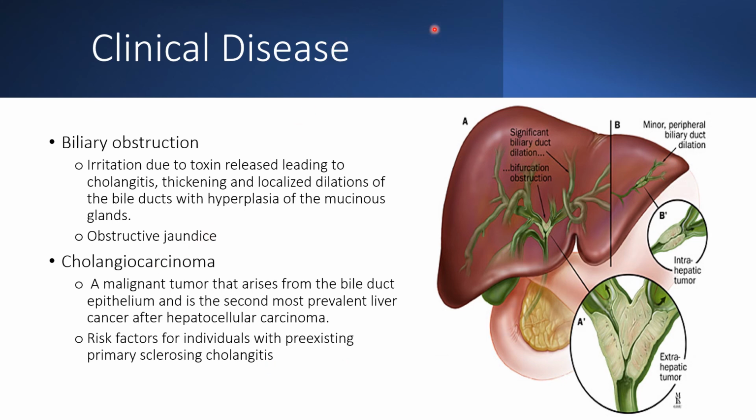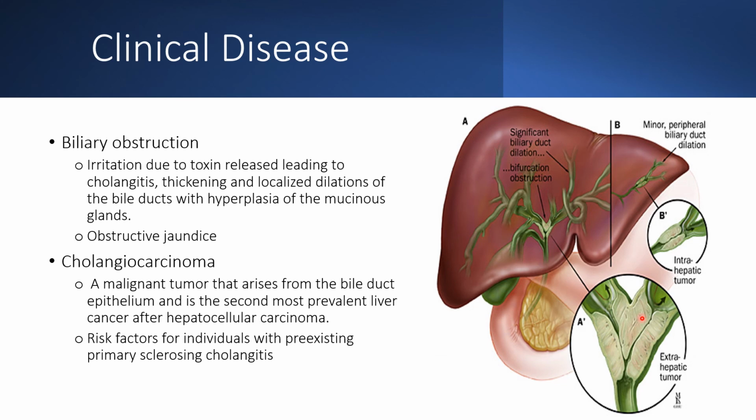And take note that C. sinensis has been linked to neoplasms of the bile duct, known as cholangiocarcinoma, a malignant tumor that arises from the bile duct epithelium and is the second most prevalent liver cancer after hepatocellular carcinoma. Definitely these hyperplastic manifestations could end up forming a tumor.